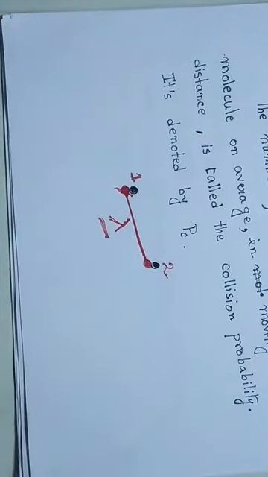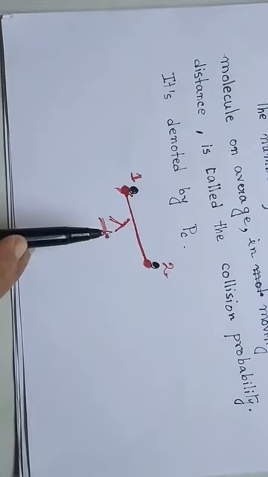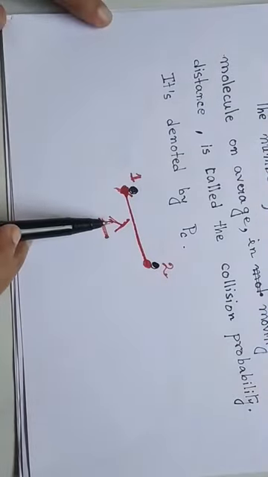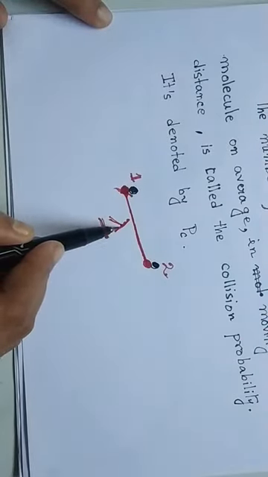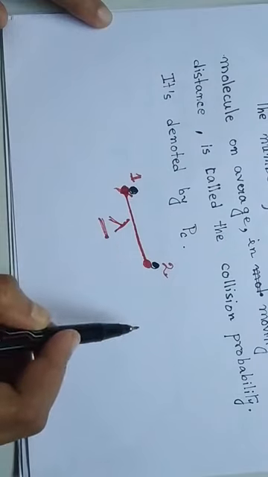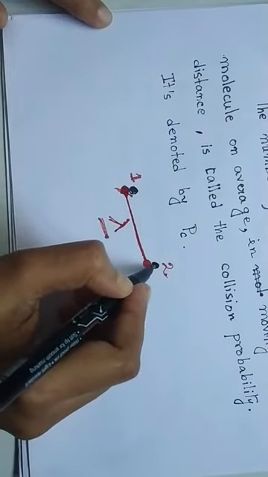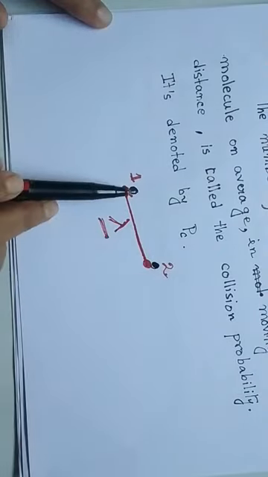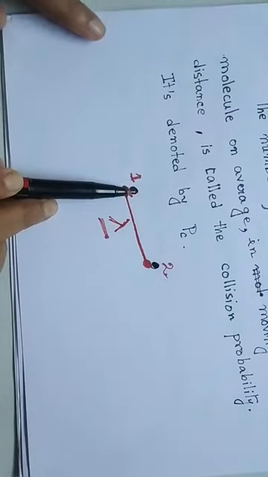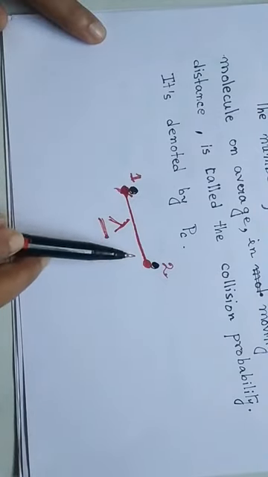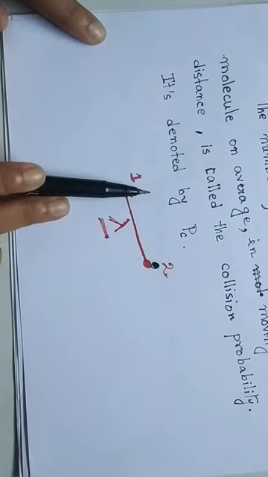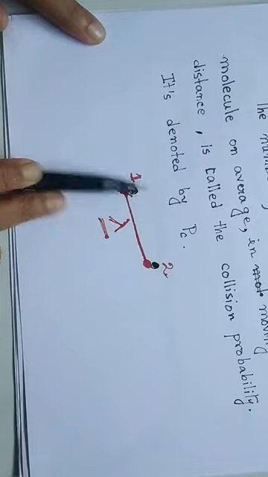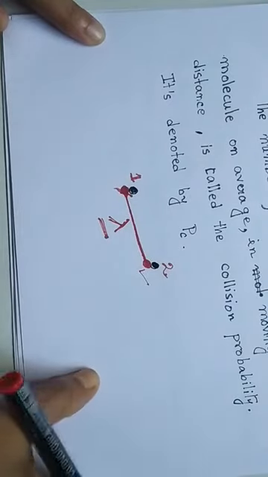So on average the molecule will travel a distance lambda, and the number of collisions it will suffer is 1, that is this one, because it has already suffered this collision. Then it travels a distance of lambda and suffers another collision.